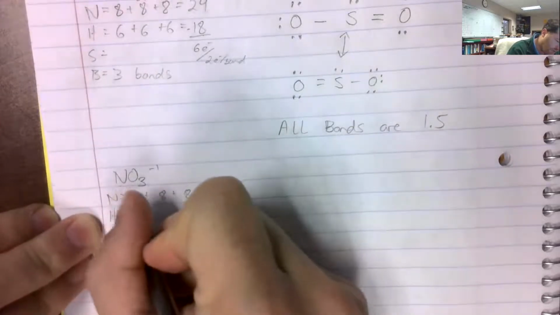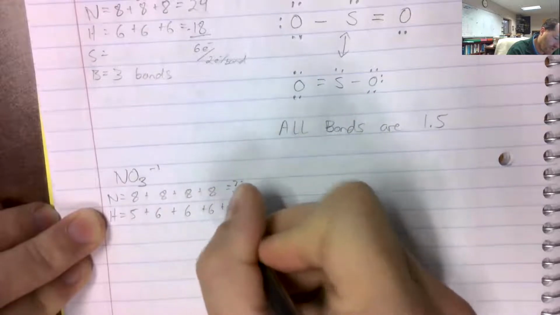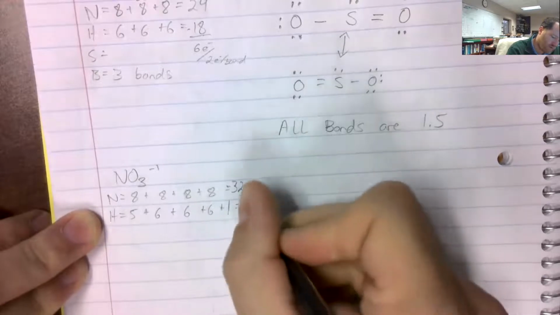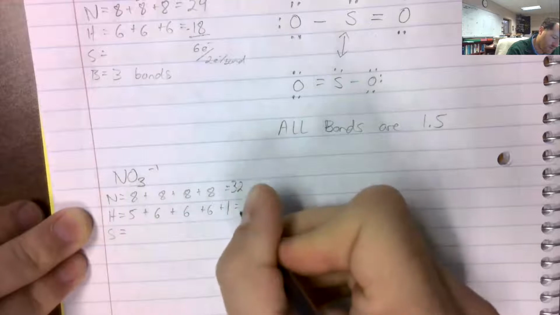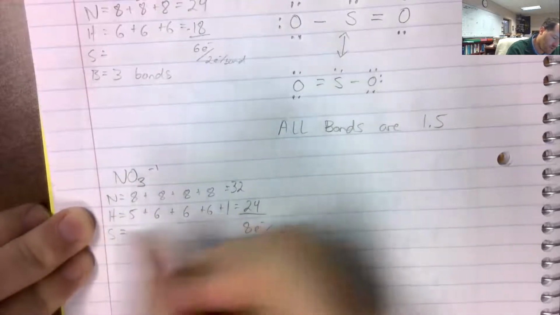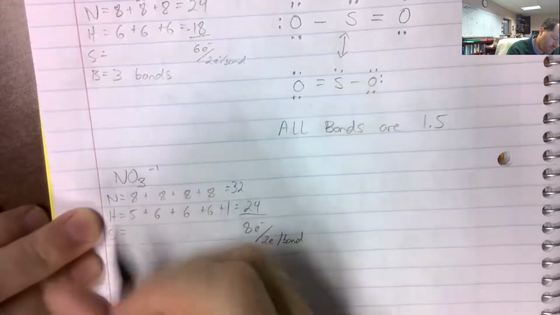They have, nitrogen has 5, oxygen has 6, and we have 1 more because of that negative charge there. So we have 24. We're going to need to share 8. There's 2 electrons per bond. So we're going to have 4 bonds here.